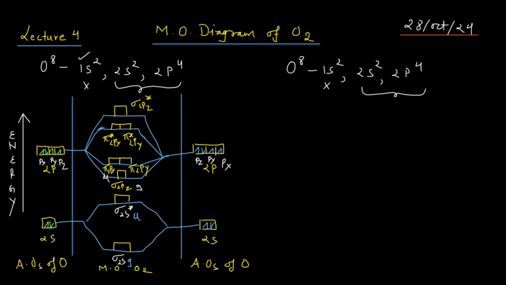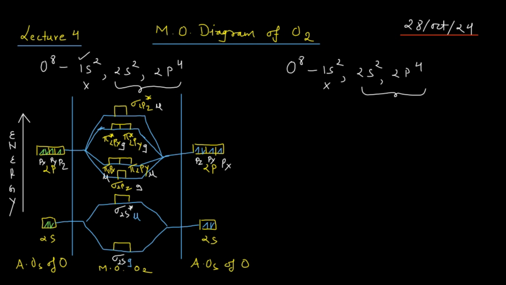So in the subscript position you can write u for the pi orbitals of the p. Sigma pz is your gerade, while your pi 2px and pi 2py are ungerade ones, and the opposite is true for the anti-bonding orbitals. Your anti-bonding pi orbitals are the gerade ones. So I can write gerade here, this is gerade here, and sigma is ungerade.